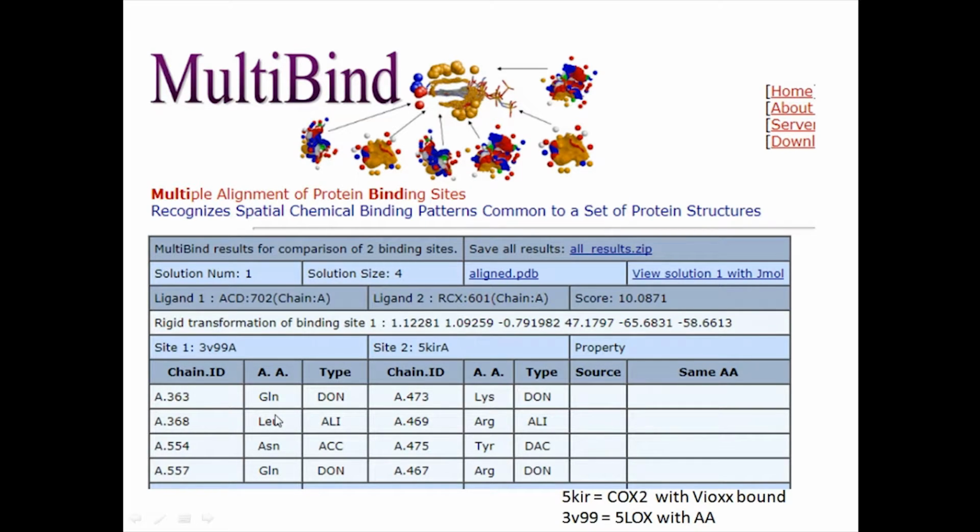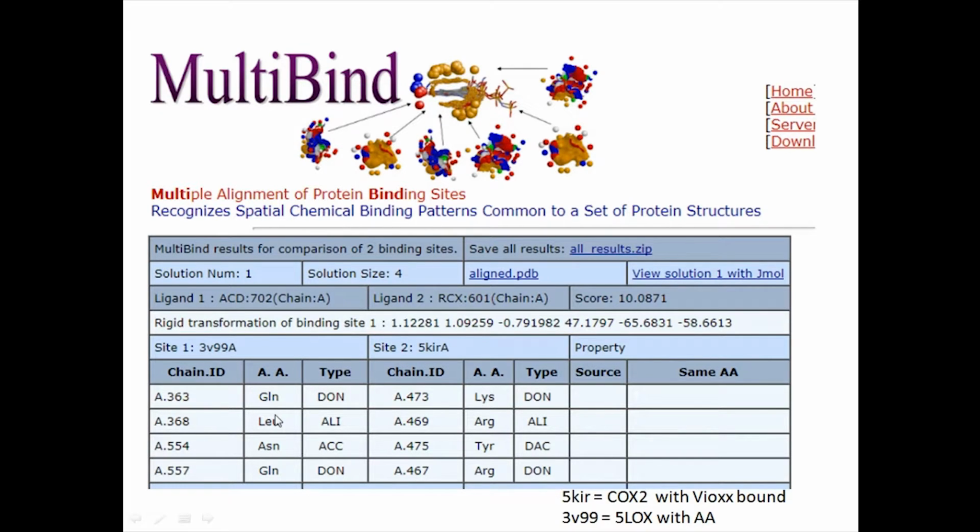In the example, we looked at 3V99 and 5KIR. 3V99 is the 5-lipoxygenase protein with arachidonic acid bound to it, and 5KIR is the cyclooxygenase 2 enzyme with Vioxx bound to it.